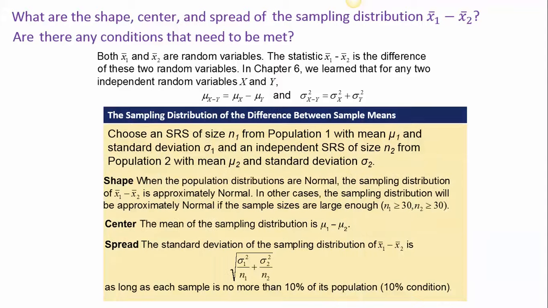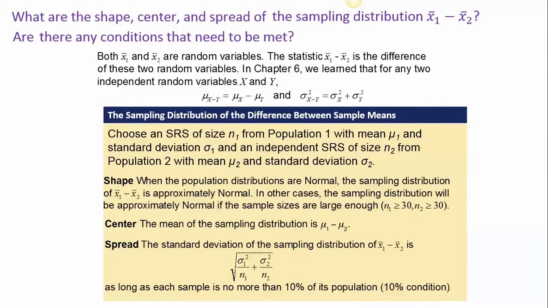So when we apply this to what we're working on now, we are going to see that when the population distributions are normal, the sampling distribution of the difference of the means is approximately normal as well. This will be the case as long as the sample sizes are large enough, and we need to make sure that both samples are greater than or equal to 30.